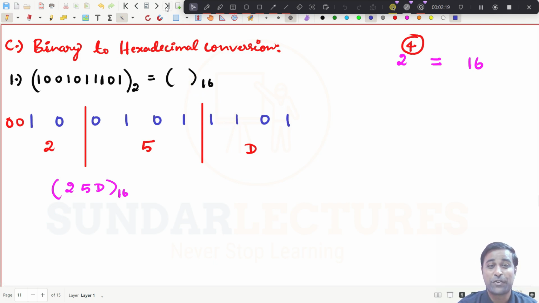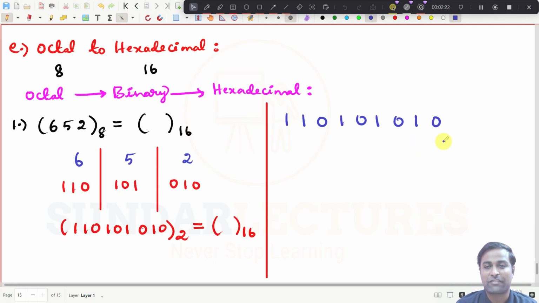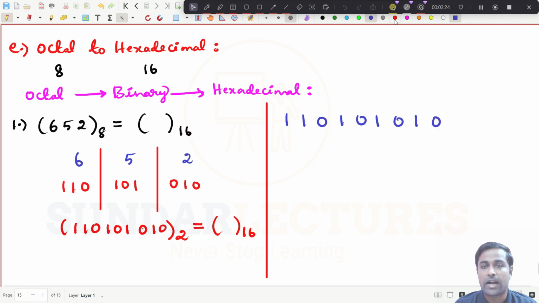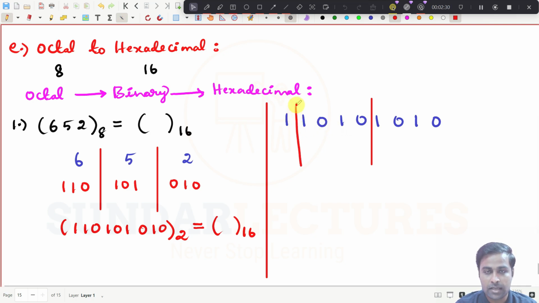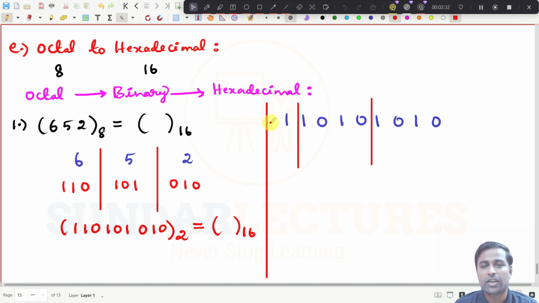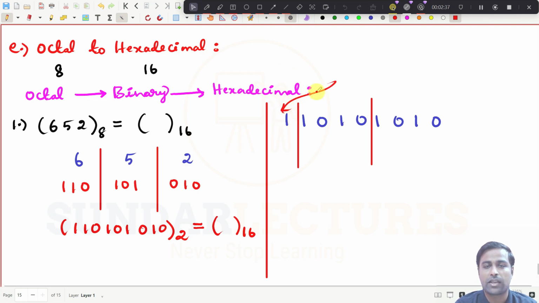Be very careful, right? So now 1, 2, 3, 4. This is the first group. 1, 2, 3, 4. This is the next one. So you have to add 0, 0, 0. Maybe this value actually is 0, 0, 0, 1.